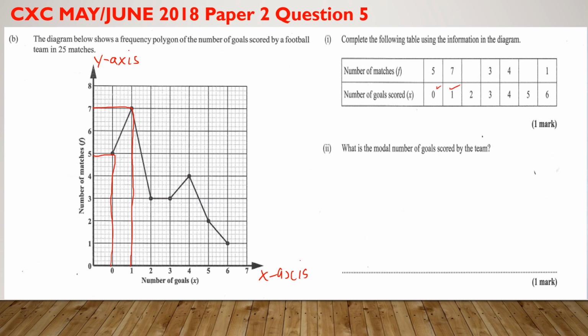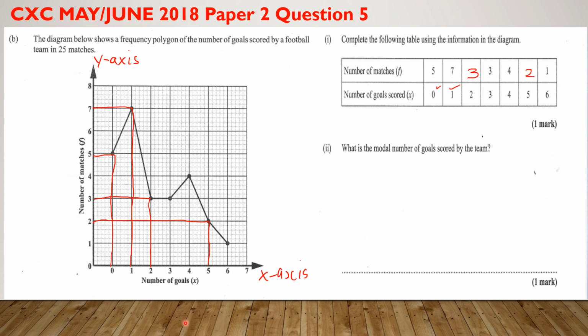So 2 now, we're going to read up and then go across. So that would be 3. Then we're here at how many matches did they score 5 goals? So we're going to read up. We can also read across. Well, this one you have to read 5, and we go over here, that will be 2.